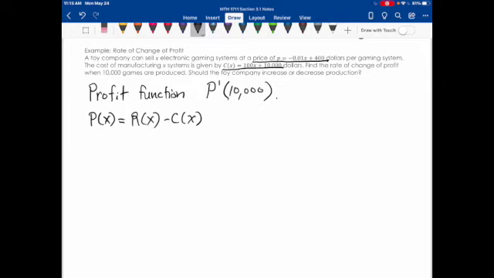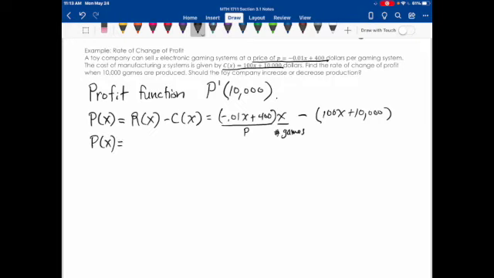So we need to take the price times the number of games that we're selling for the revenue. So that would be the price, which is negative 0.01x plus 400 times x. So this is the price times the number of games. That's going to give us our revenue. And then we subtract the cost function, which is 100x plus 10,000.